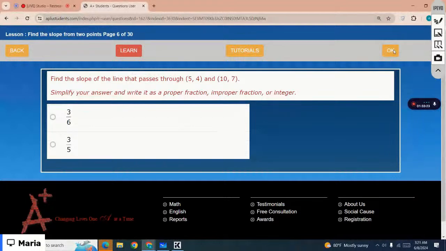The correct option is 3 by 5. Option number 2 is the correct option, right?